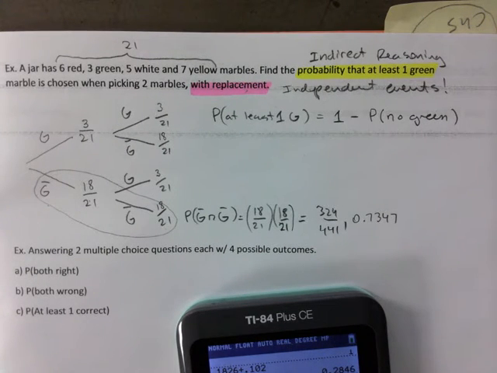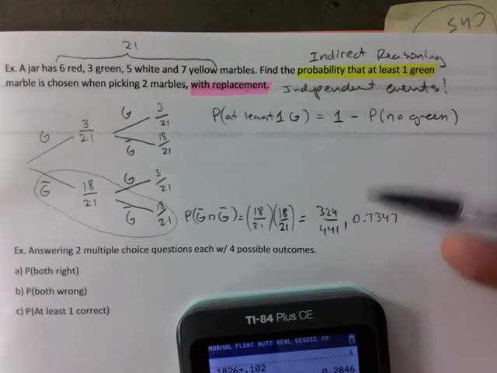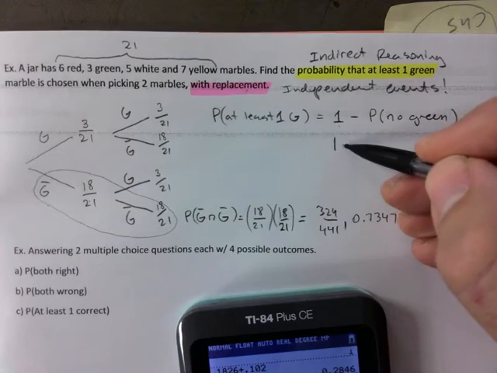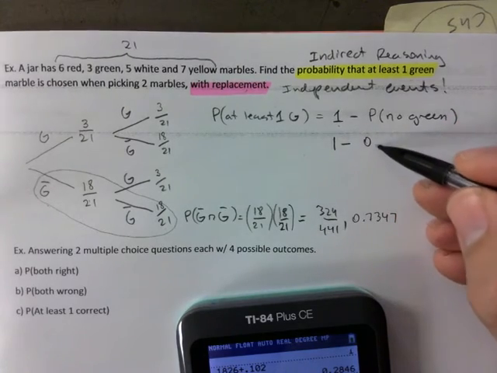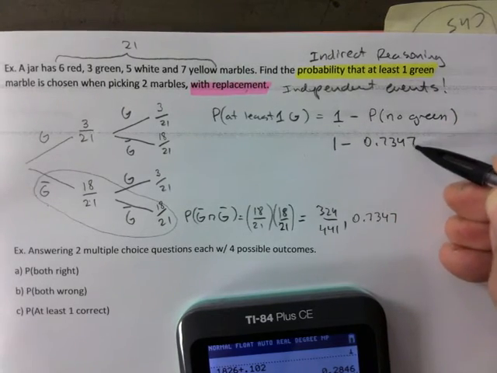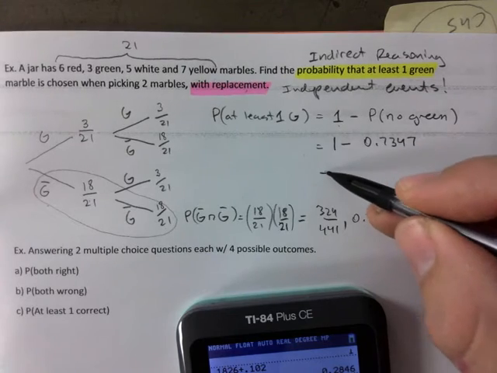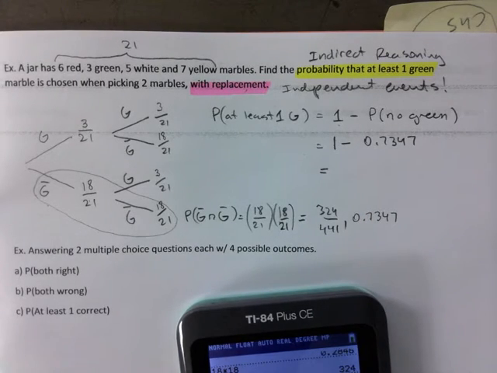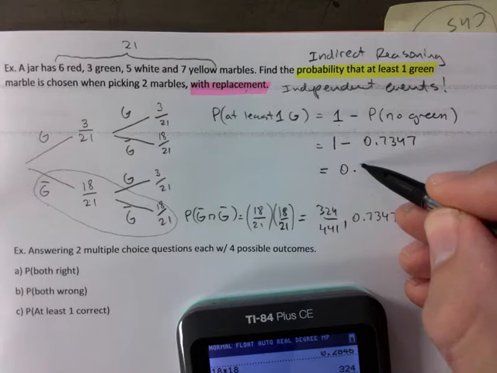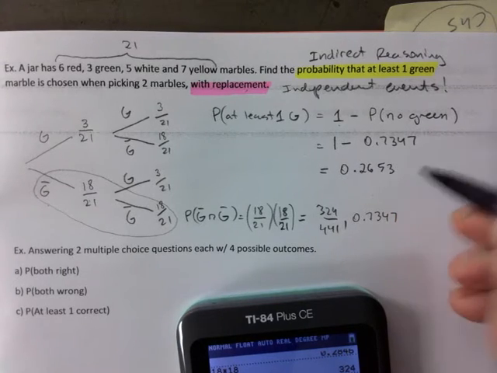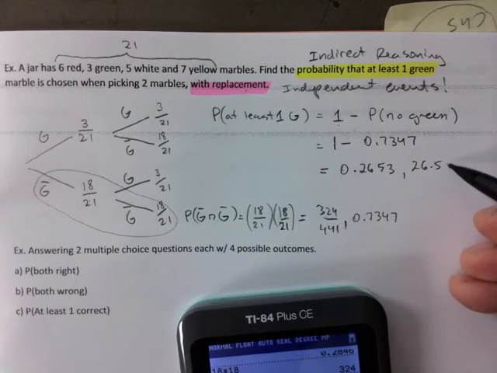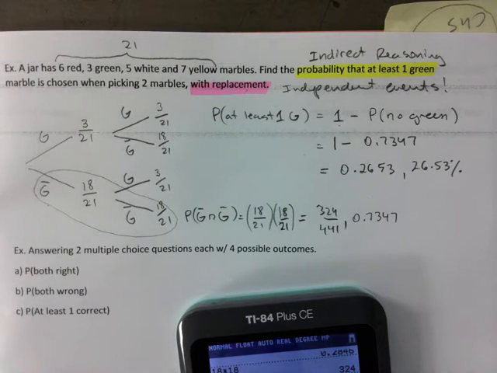You always say 100%. It's the same thing. 1, 100%. I'd like to just deal with 1 and a decimal. So 1 minus 0.7347, right, is equal to 0.2653 or 26.53%.